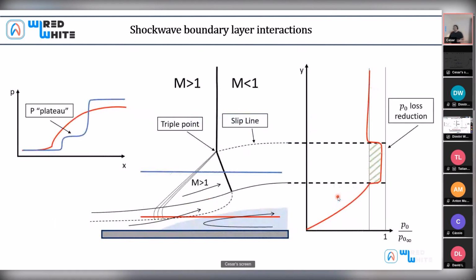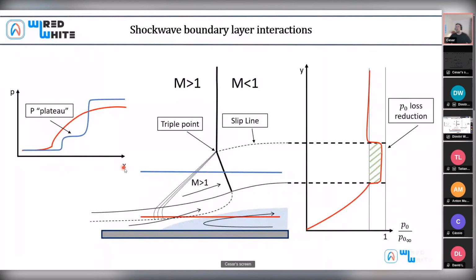We can also have the case where the shock is abruptly strong enough to separate the flow, and it will form a separation bubble that can turn the flow upstream and create this secondary recirculation region.